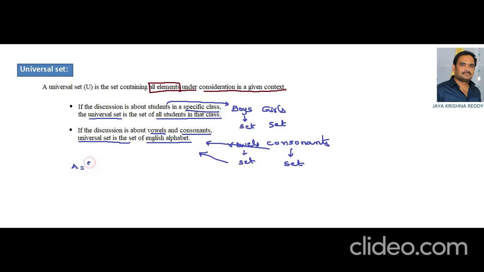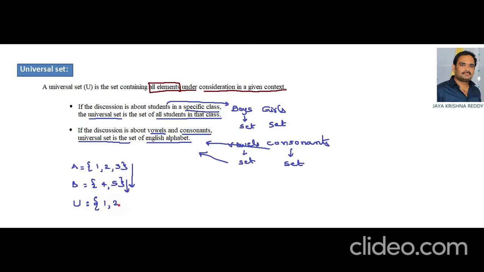If set A has elements 1, 2, 3 and set B has elements 4, 5, then the universal set, which we represent with U, has all the elements of these two sets.